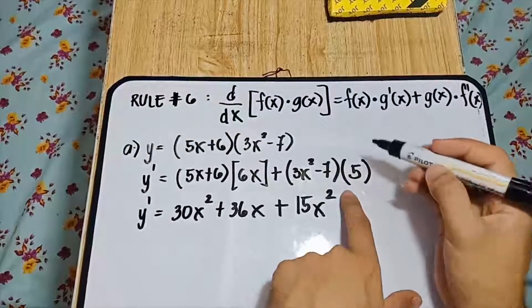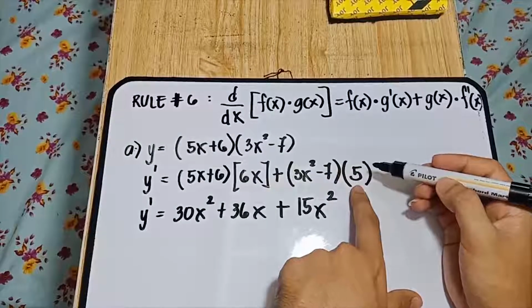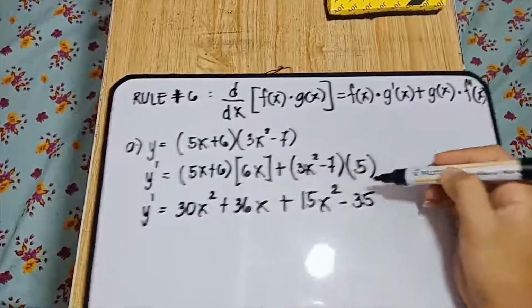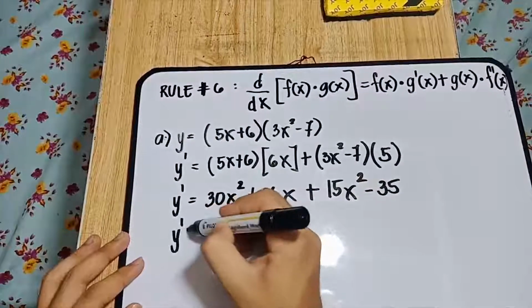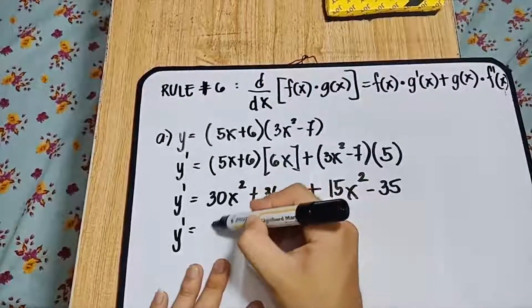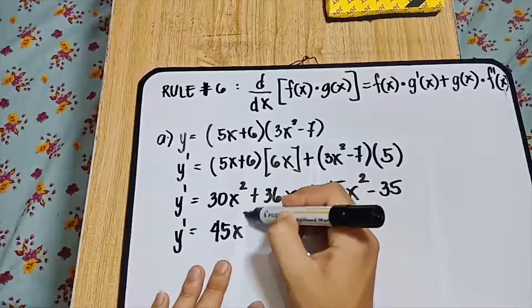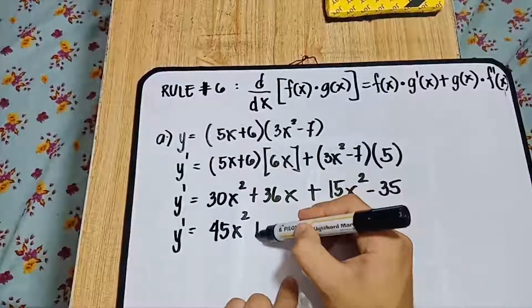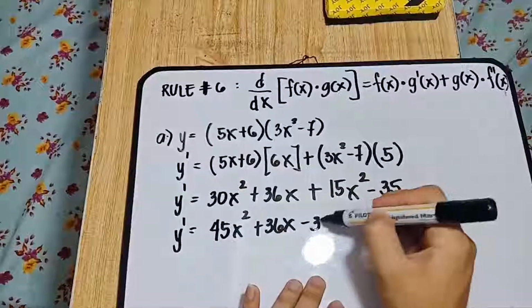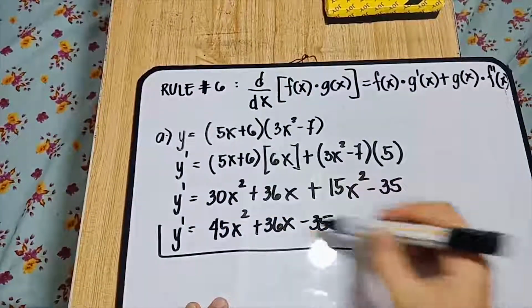And then, multiply 5 by negative 7, that is negative 35. So, combine like terms lang natin. We have 30x squared dito at meron tayong 15 dito. So, we have 45x squared plus 36x minus 35. And that is our derivative.